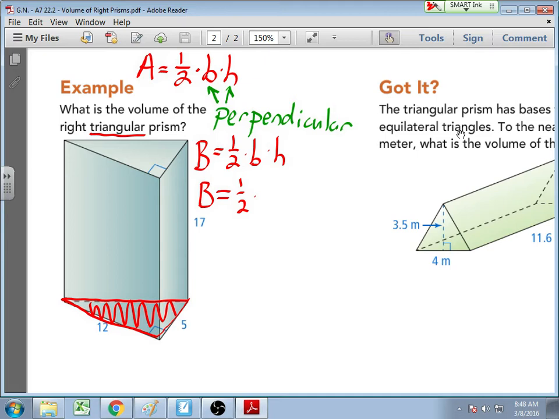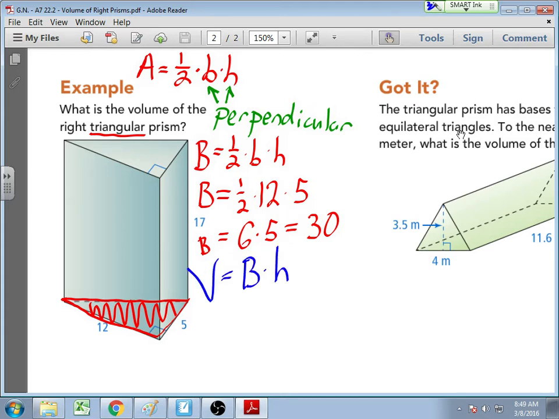That little b, I'm going to actually use 12 as my little b because it's easier to chop in half. So this now becomes, half of 12 is 6, times 5 is 30. But again, that's only my big B, so now I have to plug it into my formula. Volume is going to equal the big B times the height.